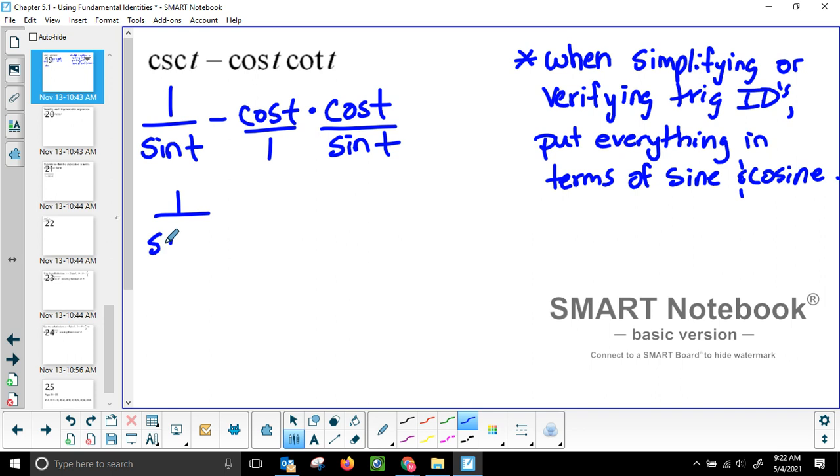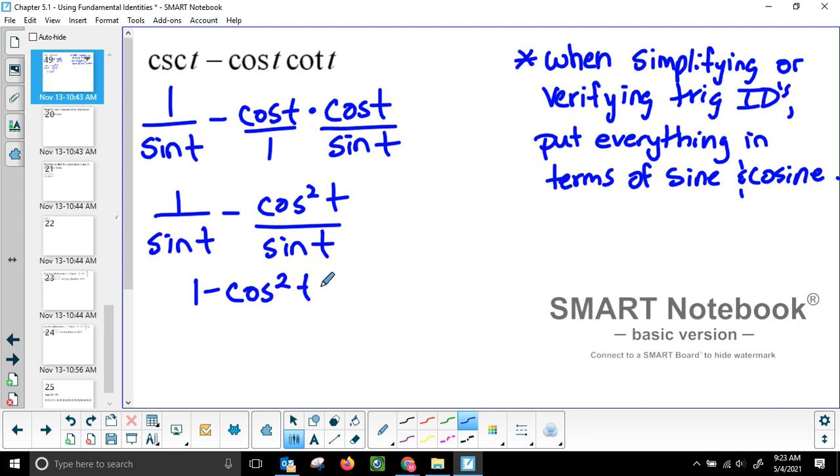So we have 1 over sine of t minus cosine times cosine, which is cosine squared t over sine t. Now they have a common denominator, so we can combine the numerators and keep that denominator. So this will be equal to 1 minus cosine squared t over sine of t.